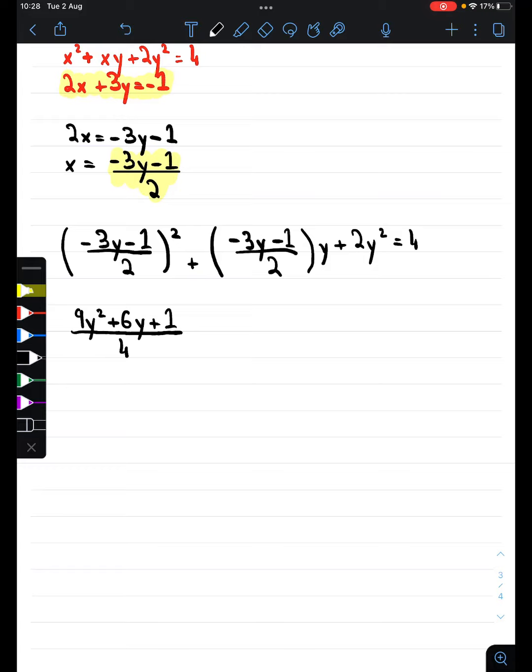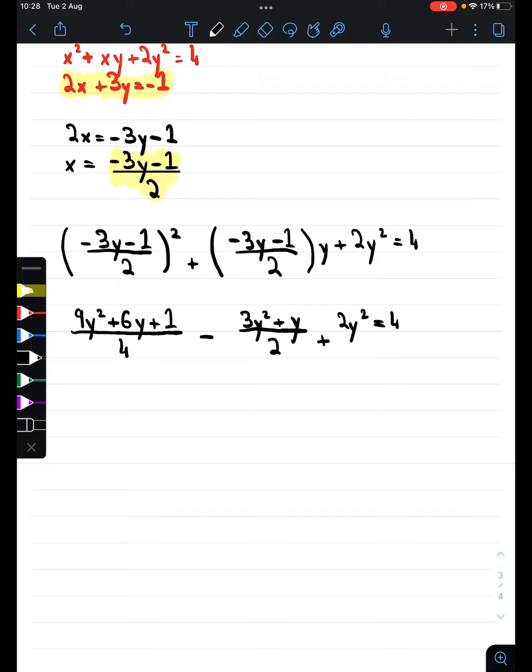We can take the minus out of the minus 3y minus 1 because it's common, and we get minus (3y squared plus y) over 2, and then just plus 2y squared equals 4. And now we have something that's starting to look like a quadratic, which we know we can solve.